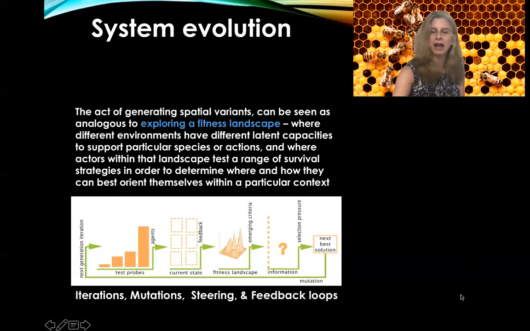From that information, we can have selection pressure of what kinds of activities survive or fail, which then leads to certain mutations, and we get the next round of iterations. We try something else the following week, something else on Tuesday, another location. So we have iterations, mutations, steering, and feedback processes that are driving the system evolution.